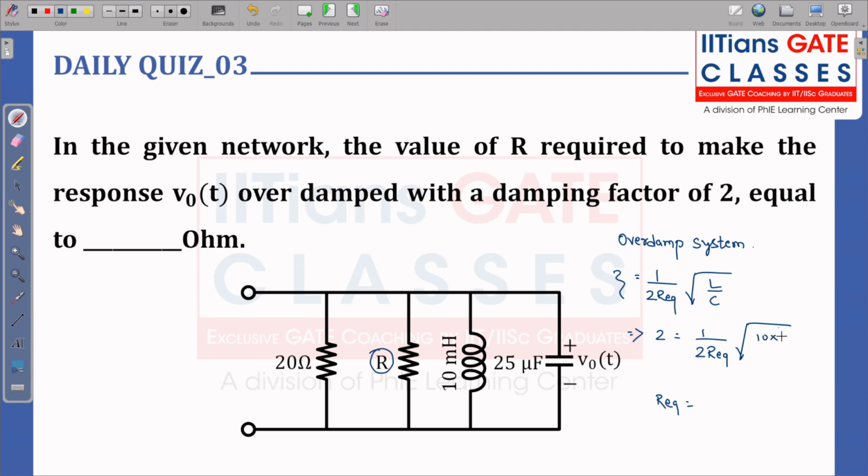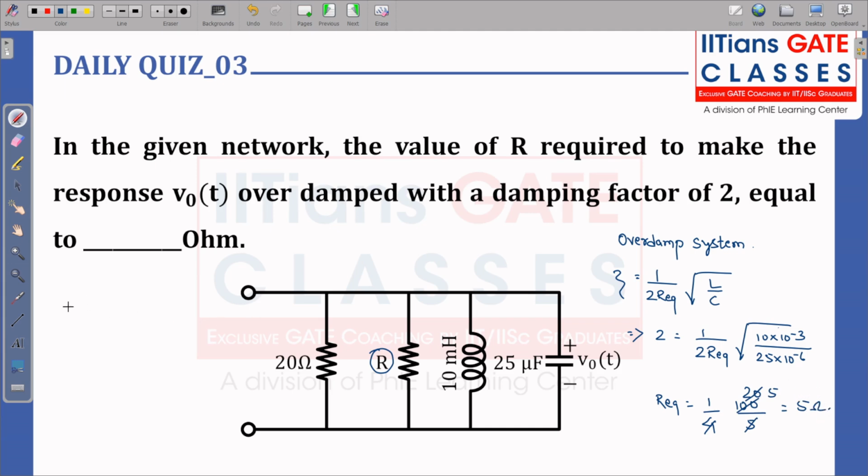So this is 10 into 10 to the power minus 3 divided by 25 into 10 to the power minus 6. 10 to the power 4 will go, so 1 by 4, 10 to the power 4, that is 100 by 5, which is 20. So R equivalent is 5 ohm.